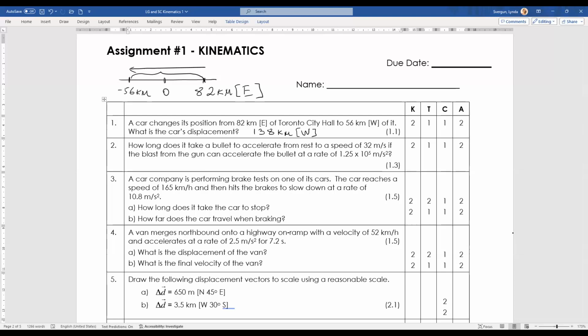How long does it take a bullet to accelerate from rest to this speed if you have this acceleration? So you need to get time, right? You have velocity, you have acceleration. From rest, so initial speed is 0.